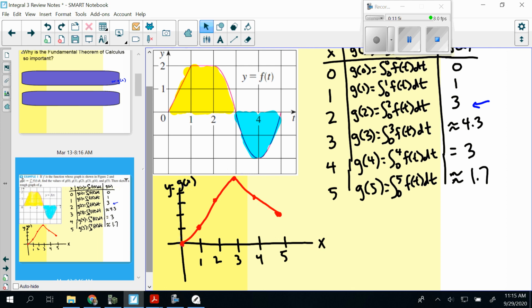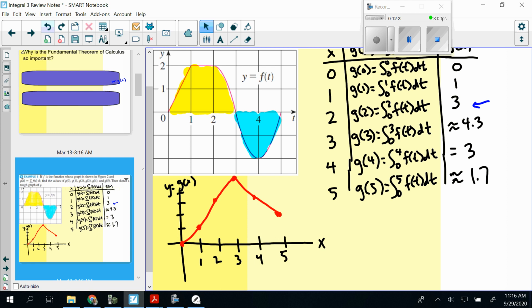Well, why is this one a maximum? Well, that occurred at 3. Well, what do we see is happening at 3 there? Well, that was the place where we went from having positive to negative area there. So that would be why we had the most area under the curve at that point.